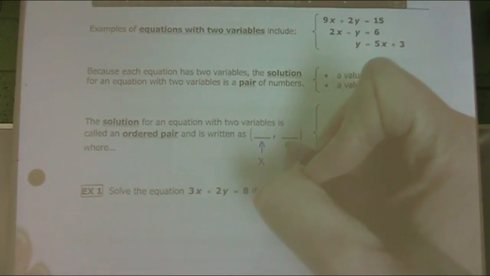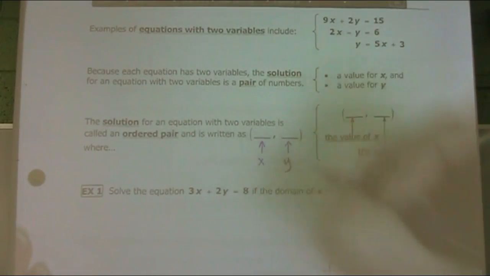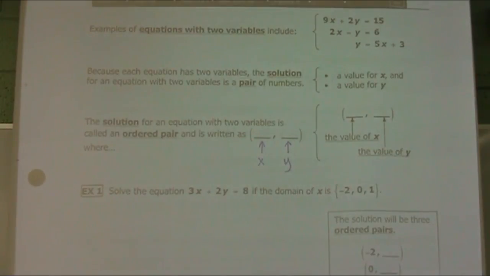What goes right here is the y value. If you have a's and b's instead of x and y, or g and h instead of x and y, they go in alphabetical order in the parentheses. All right, so here the value of x goes in the first position, the value of y goes in the second position.